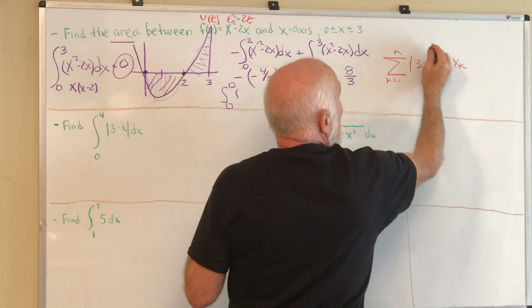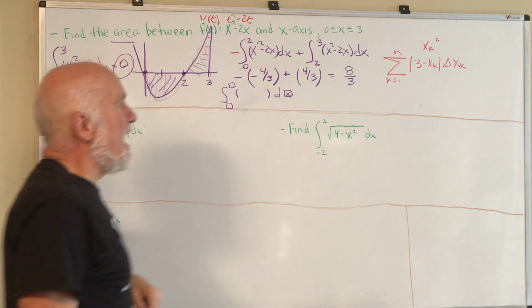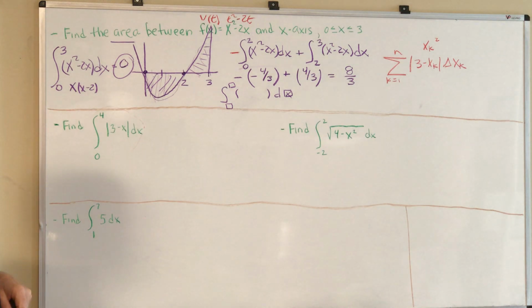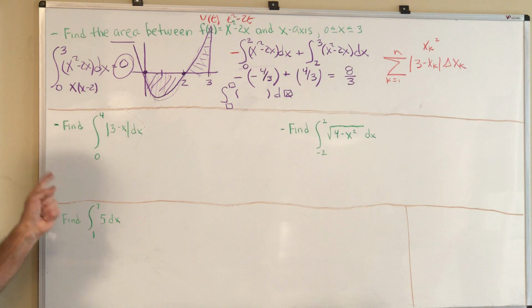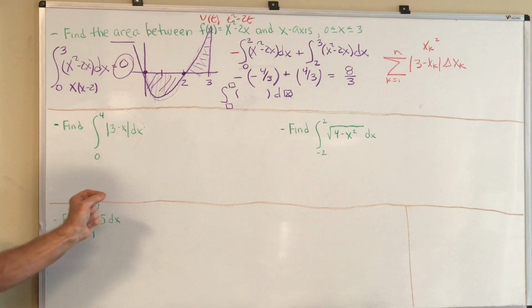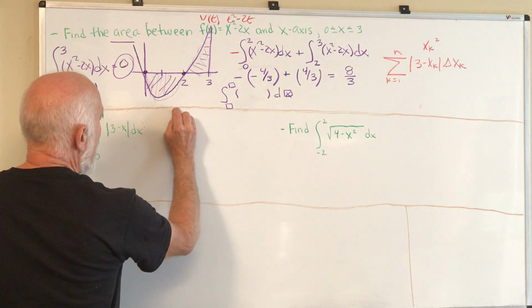Remember, when this was just x sub k squared, it took a lot of work for us to find the answer. This has got an absolute value in it, so it's even going to be harder. But if we really just need to find out what this answer is, now that we know that there's this connection between integrals and area, we could just graph this function.